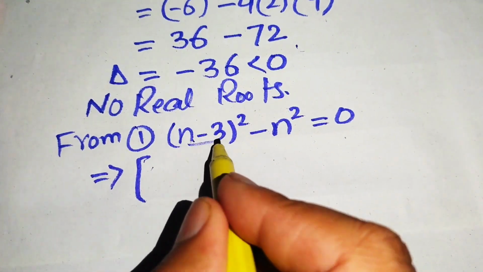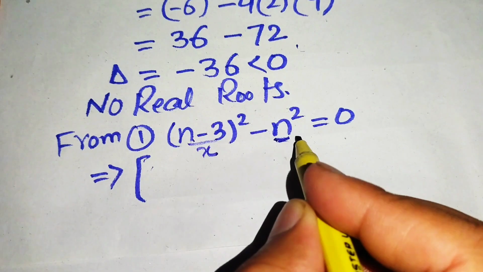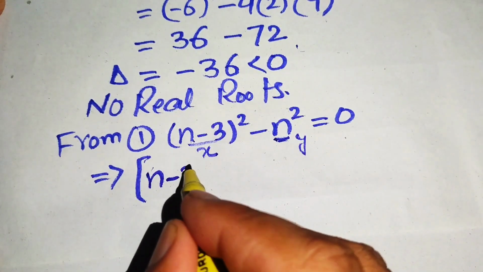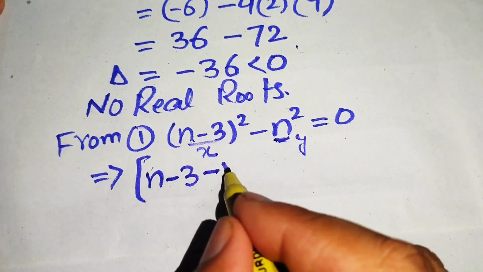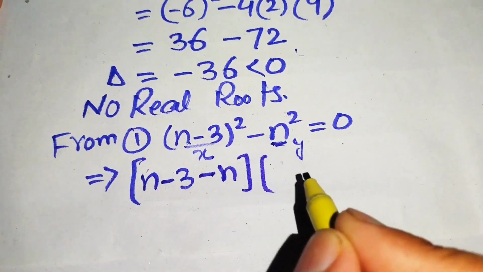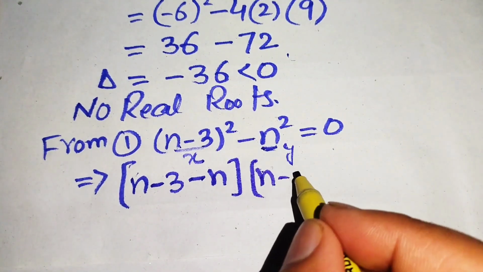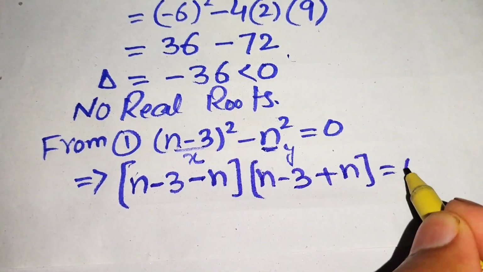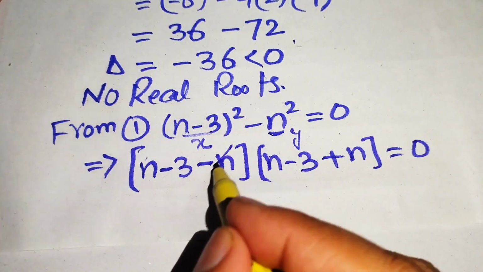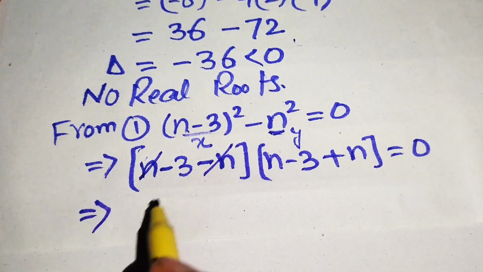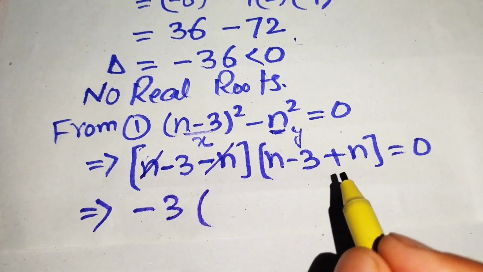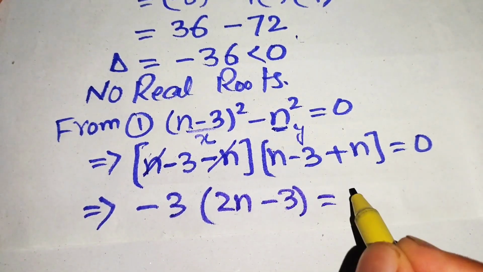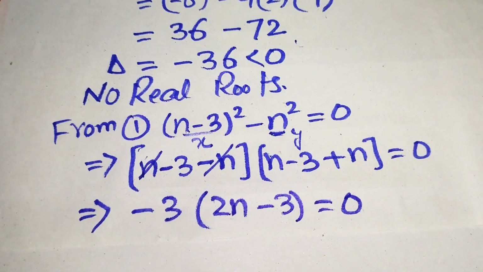So here our n − 3 is x and n is y, so we write it as x − y times x + y. Here x is n − 3 and y is n, so (n − 3 − n)(n − 3 + n) = 0. You see that the negative and positive n cancel each other and we get −3 times (2n − 3) = 0.